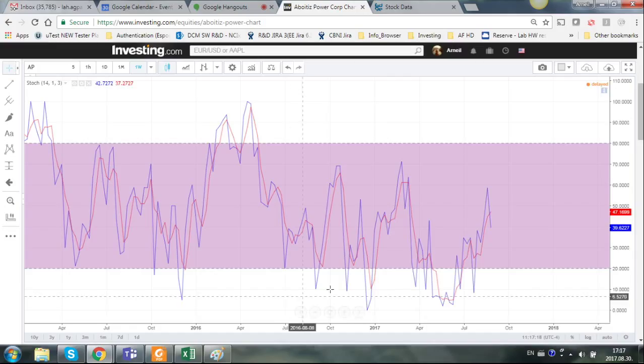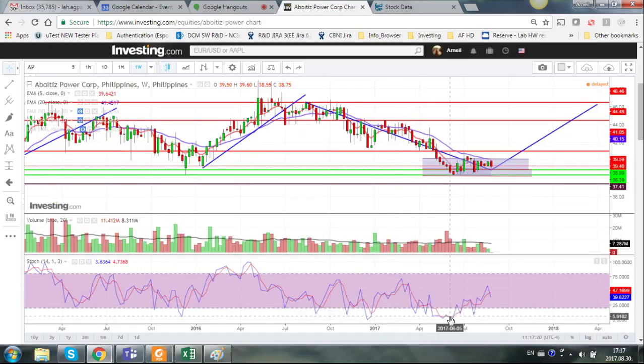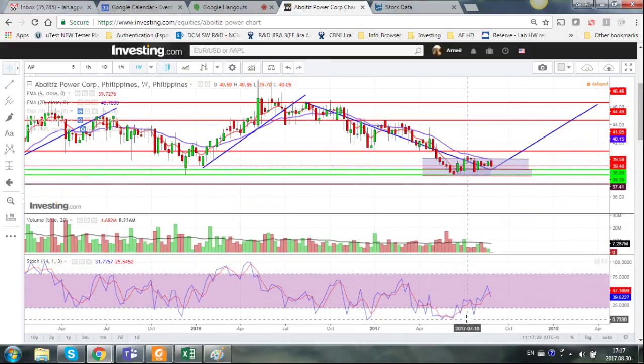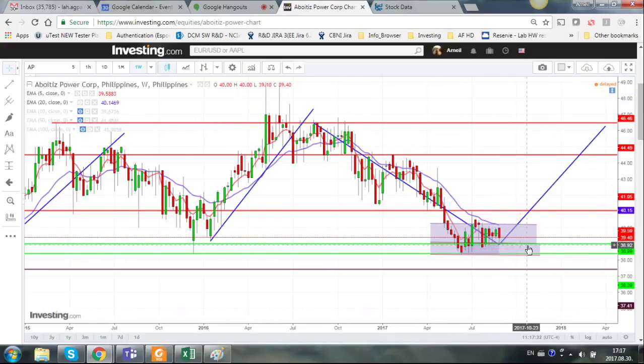So, okay, balik naman tayo sa chart. So, if that is our buying points, so therefore, confirm na naman ulit yung support natin. These are buying points. Diba? Ito, buying points. Kaya nga, yung range na yan is so valid. Itong buying range. Here.